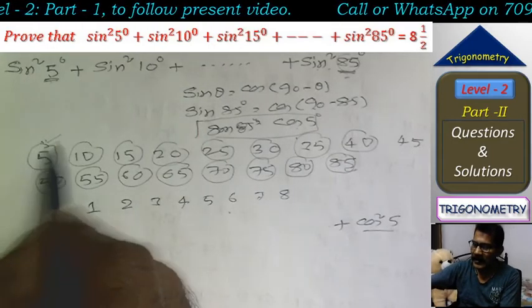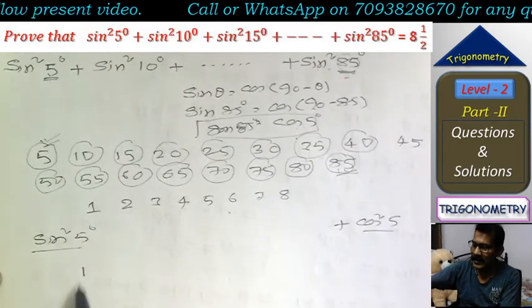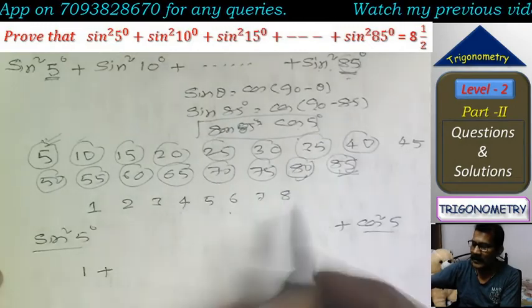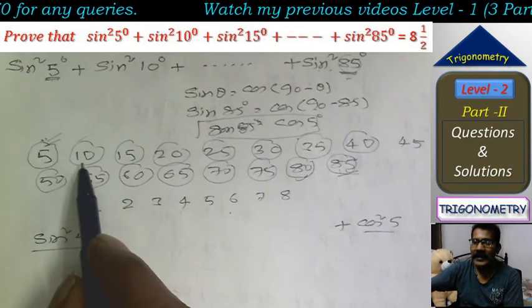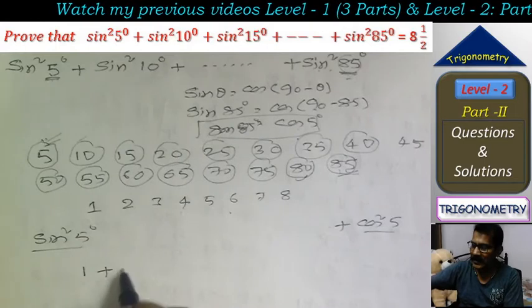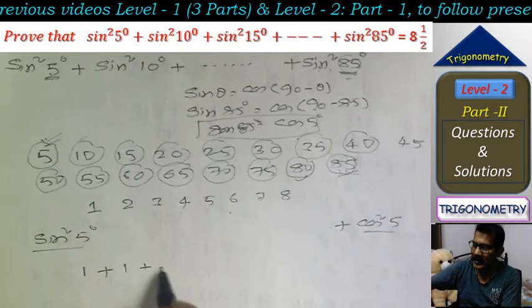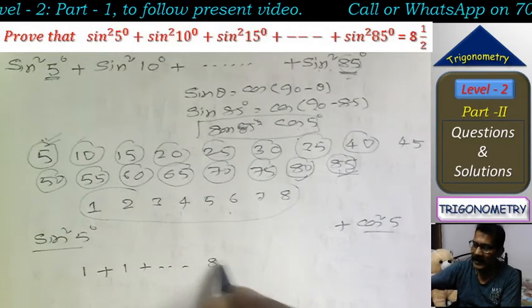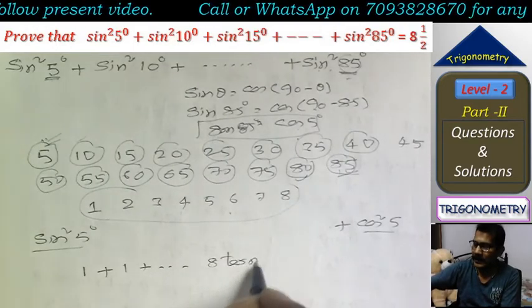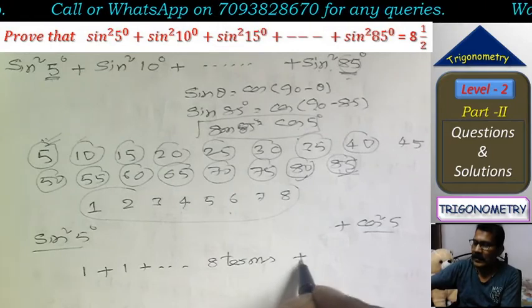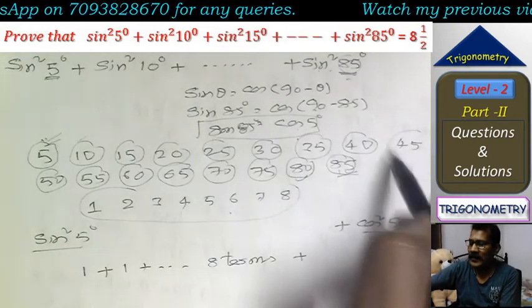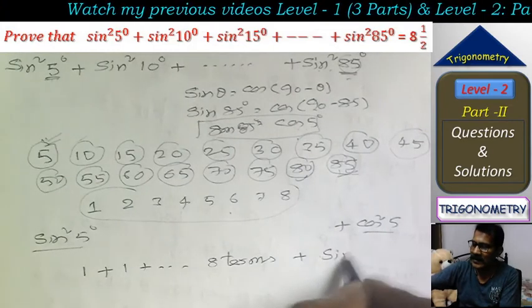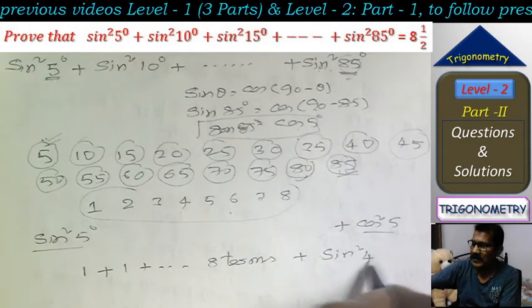So from the first pair we get the value 1, plus from the second pair 10 and 80 we get another one, that is sine square 10 plus cos square 10, which gives 1, and so on. Like this, how many pairs do we have? Total 8 pairs are there. Means we get 8 terms, plus one more angle is left over. This is 45, exactly in the middle, that is sine square 45 degrees.